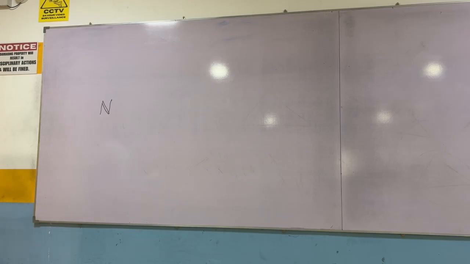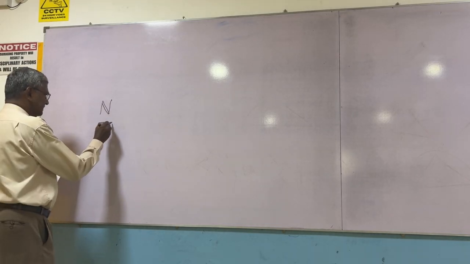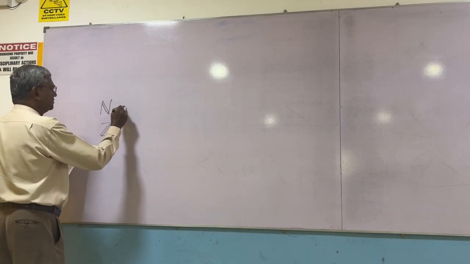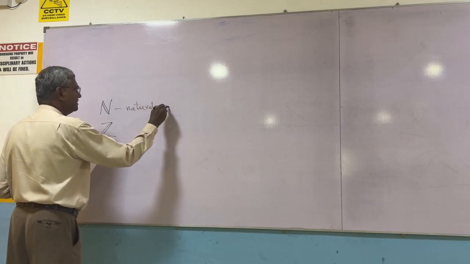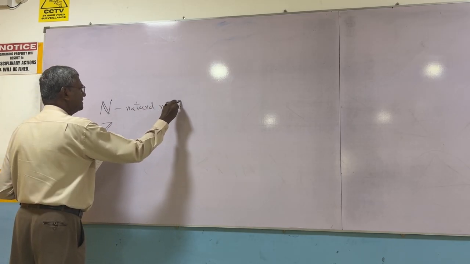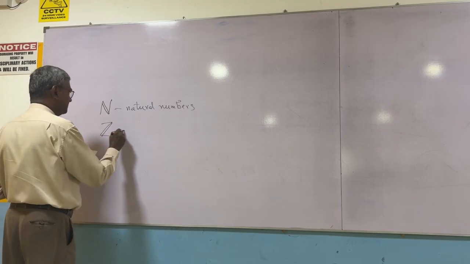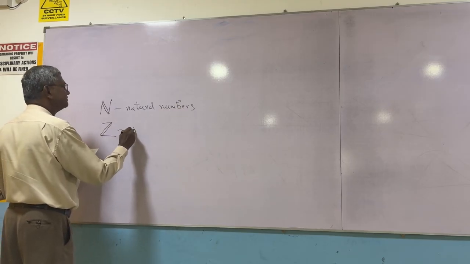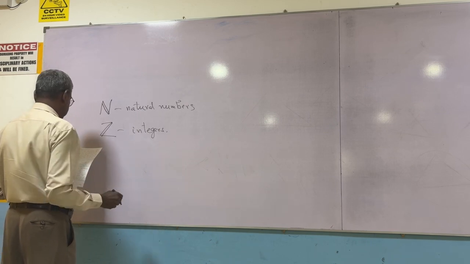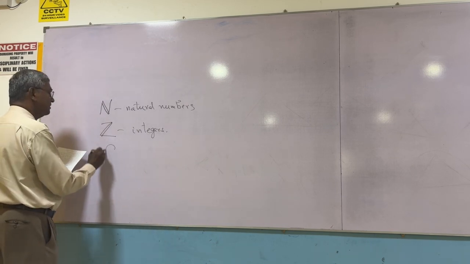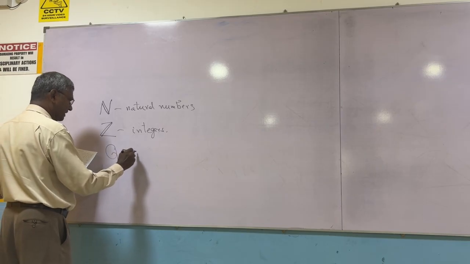Z to denote the set of integers. This is natural numbers. Integers. And Q, rational numbers.